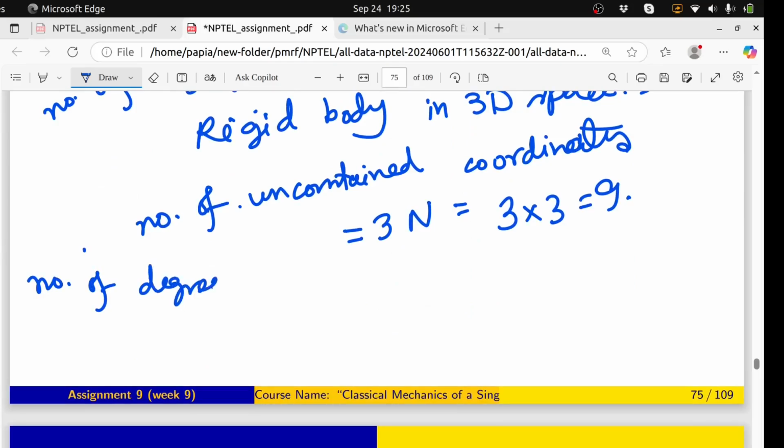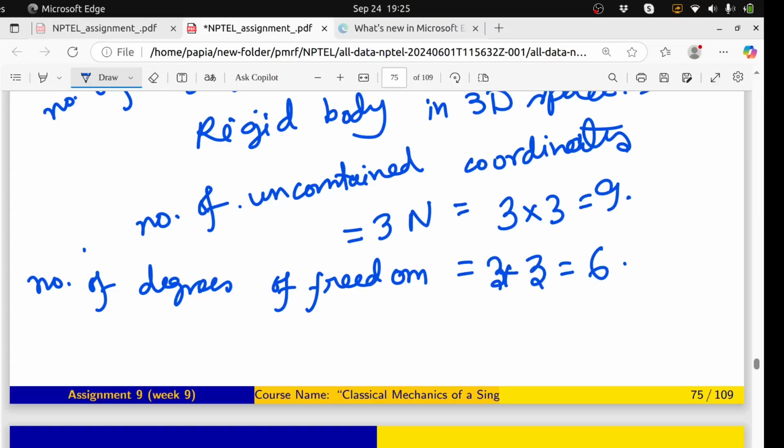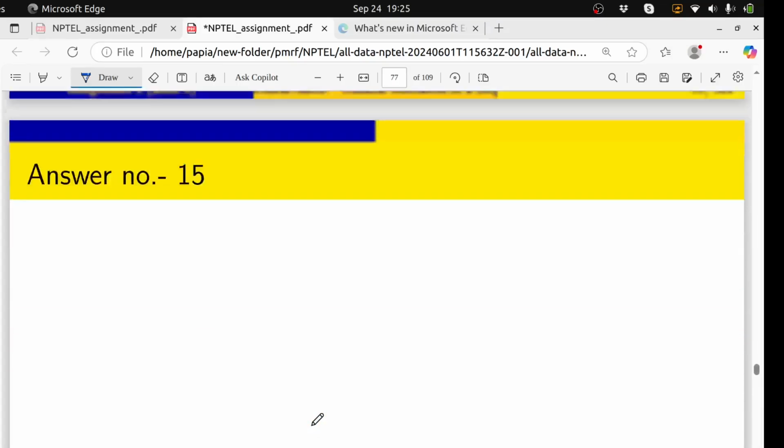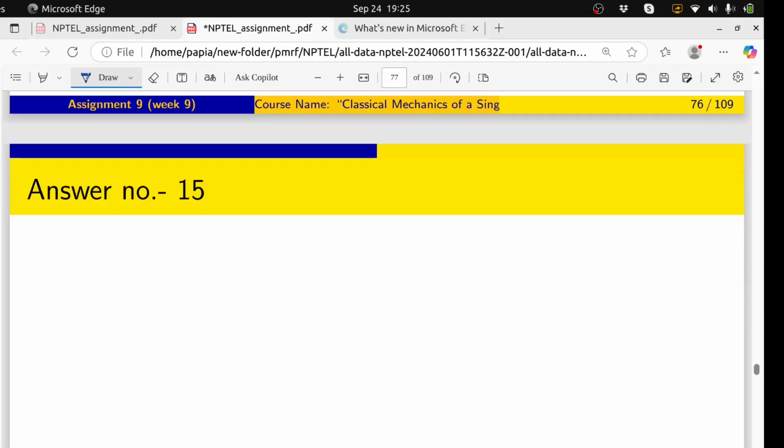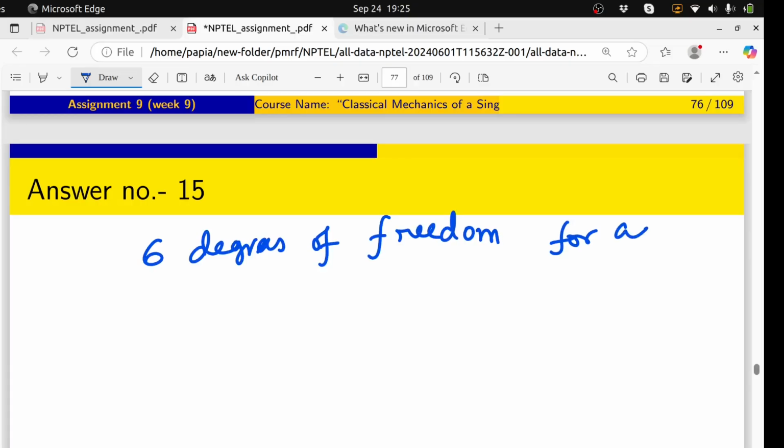The number of degrees of freedom is 3 plus 3, which is 6. Why is it 6? Because there are 6 degrees of freedom for a rigid body. How?